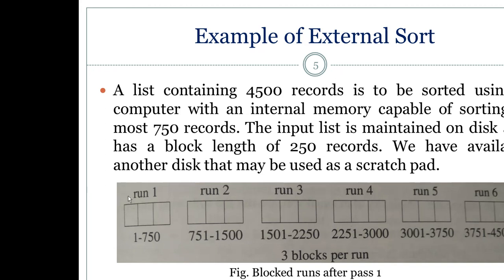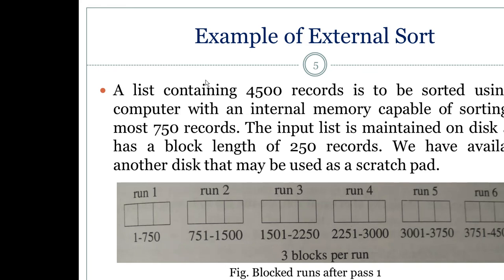So the first 750 records, after sorting by any internal sorting method, that run will be loaded back onto secondary memory. Then the next 750 records from secondary memory will be loaded into RAM, sorted by using any sorting method, and again the sorted data will be written back on secondary memory.